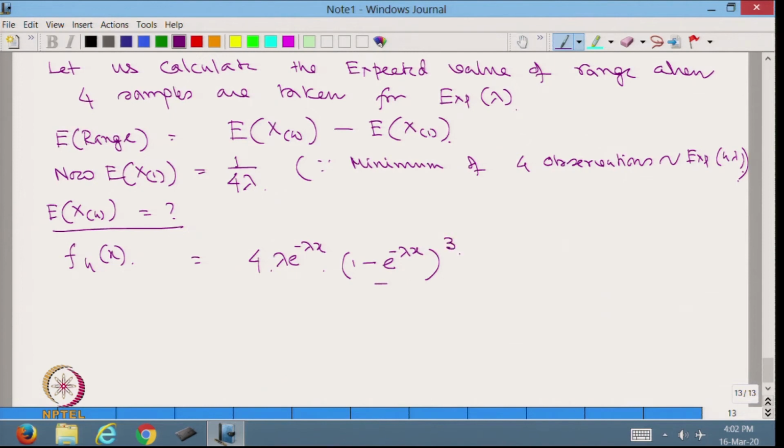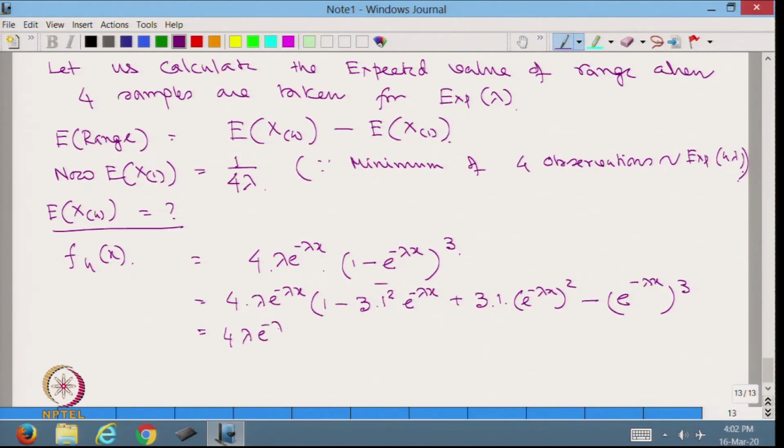Therefore, f x to the power 3 is equal to 4 lambda e to the power minus lambda x into 1 minus 3 into 1 square into e to the power minus lambda x plus 3 into 1 into e to the power minus lambda x square minus e to the power minus lambda x whole cube, which is equal to 4 lambda e to the power minus lambda x into 1 minus 3 e to the power minus lambda x plus 3 e to the power minus 2 lambda x minus e to the power minus 3 lambda x.